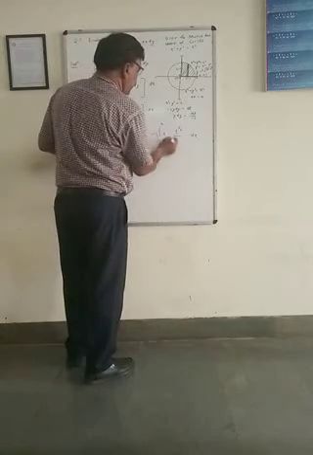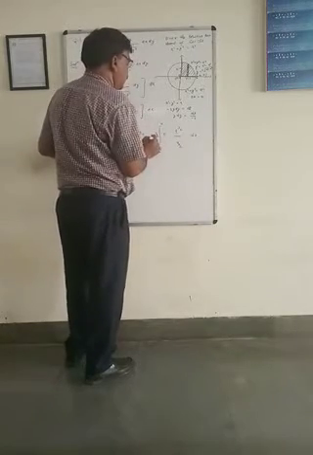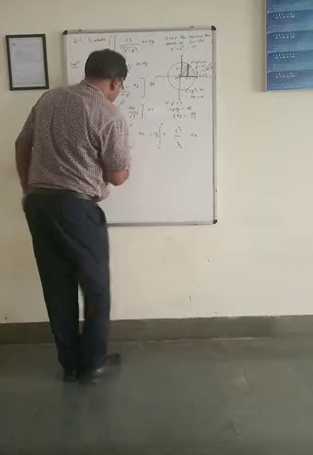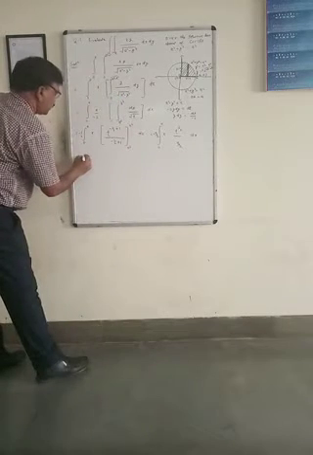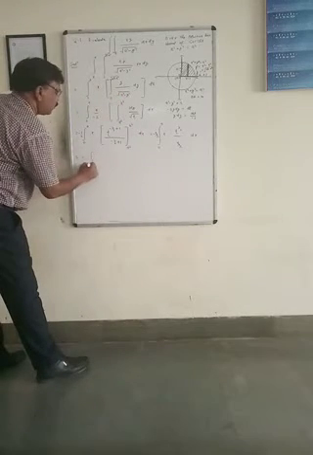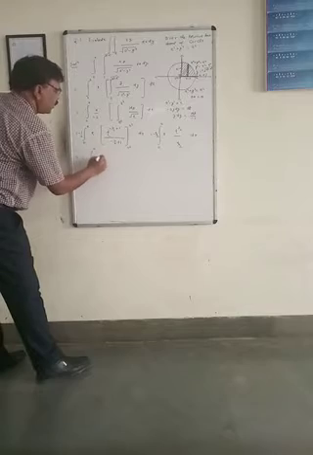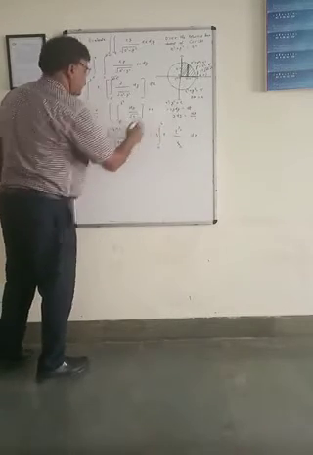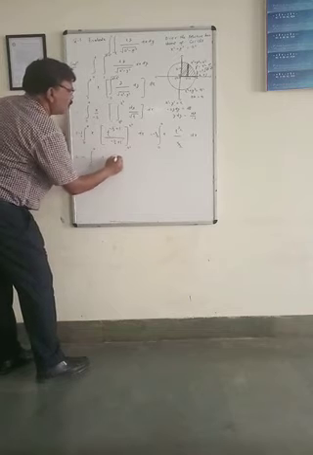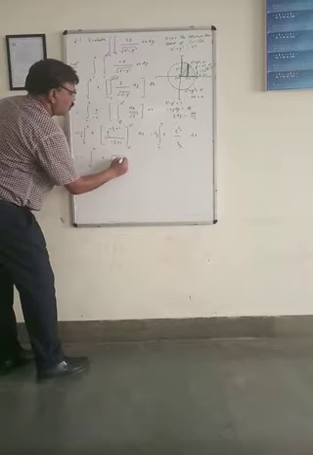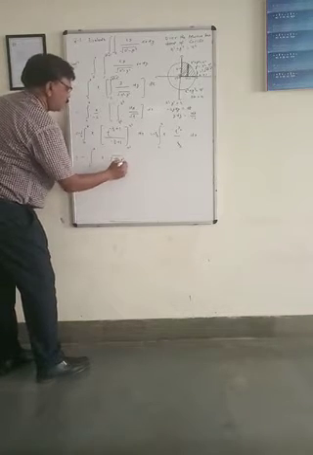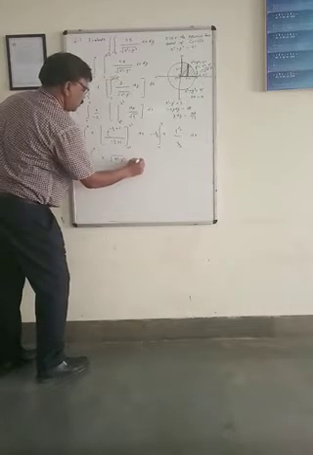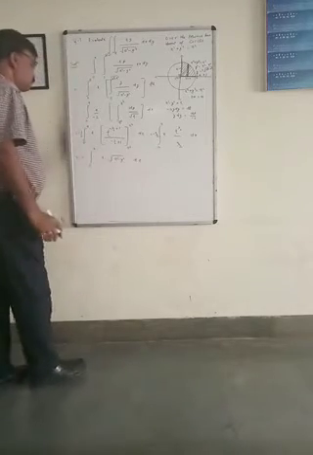So 1 by 2 and 1 by 2 cancel out, and consequently the integration is 0 to a, t to the power 1 by 2, where t is nothing but under root a square minus y square, dx.